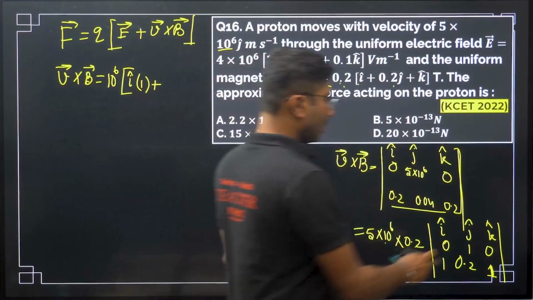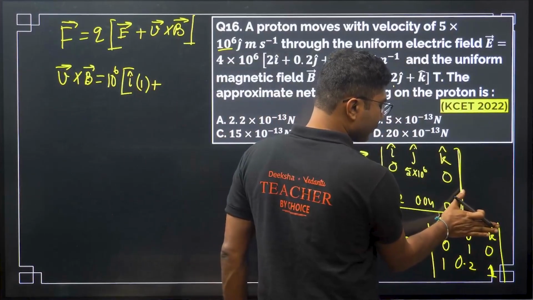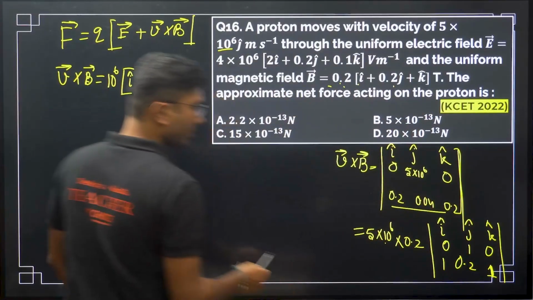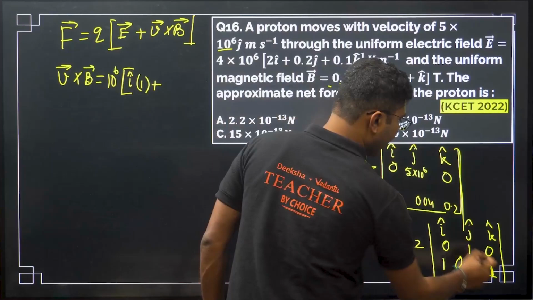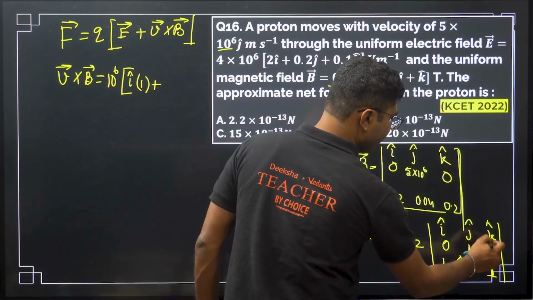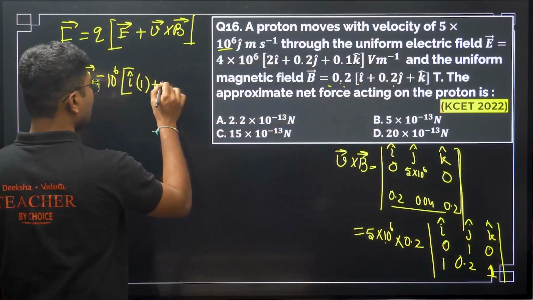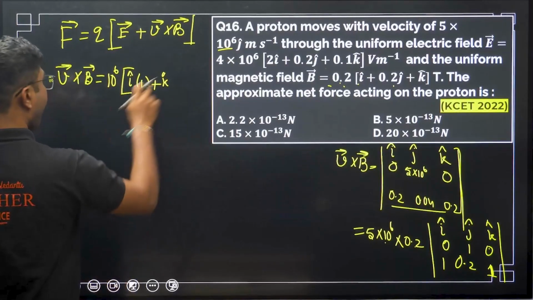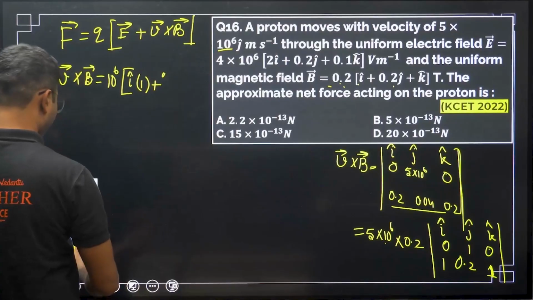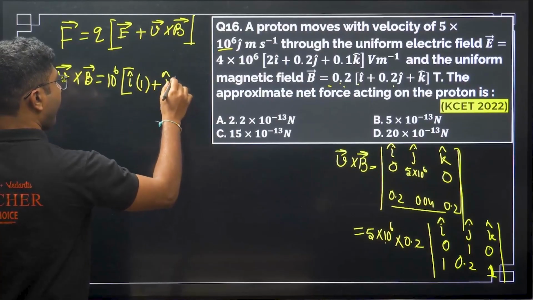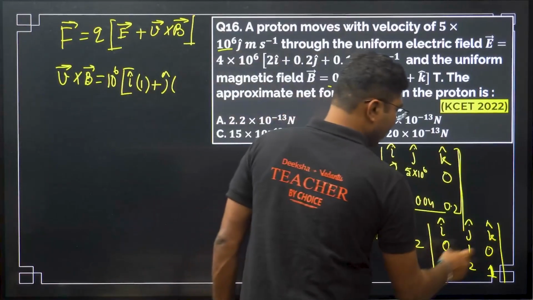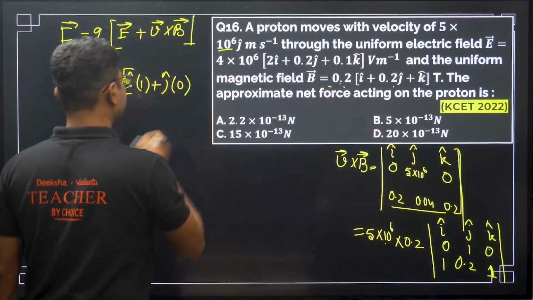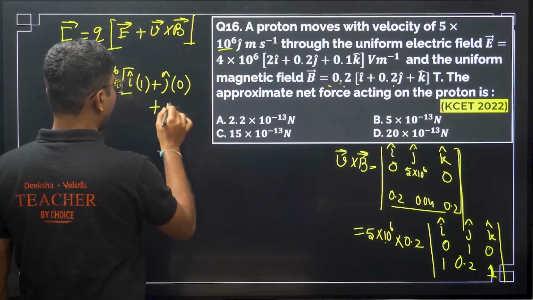Now we will start with j cap. So this one and this one will be covered. So 0 into 1 is 0, 1 into 0 is 0, so for j cap everything will be 0, plus k cap.